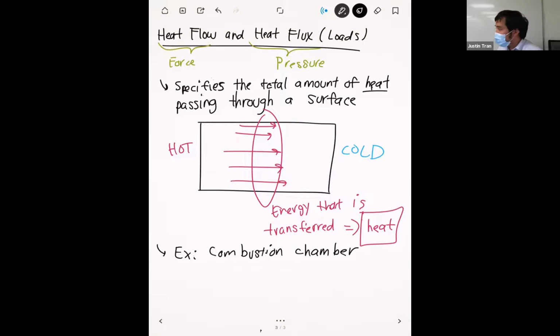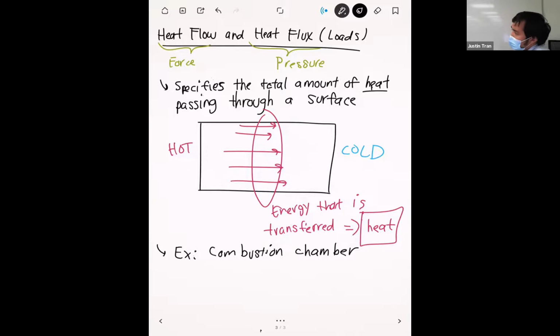Unless you have thermometers inside the combustion chamber or specifically on its walls, it's really hard to determine exactly what temperature is inside that combustion chamber.